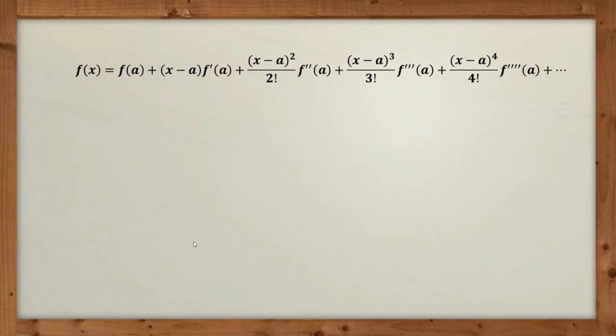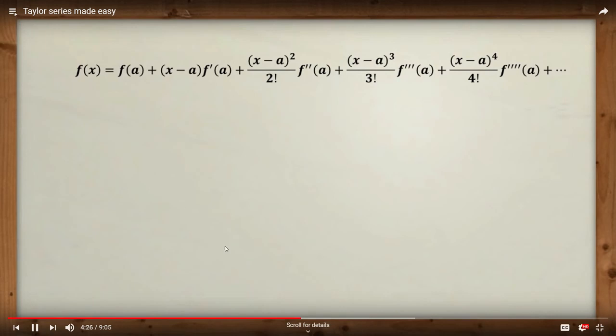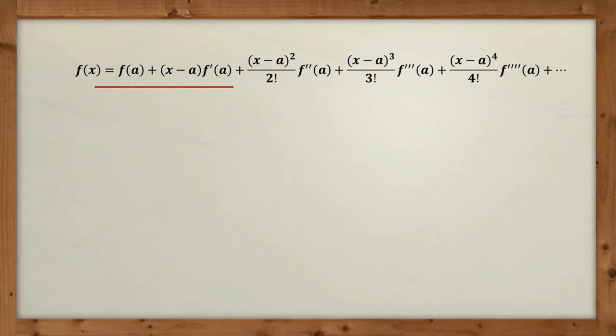So how do you remember this in the exam? Well, we've already seen the first part comes from very simple, high school mathematics. The f(a) plus x minus a times f dash a. We've also seen how we must have in the formula somewhere these higher derivatives, second, third, fourth derivatives.